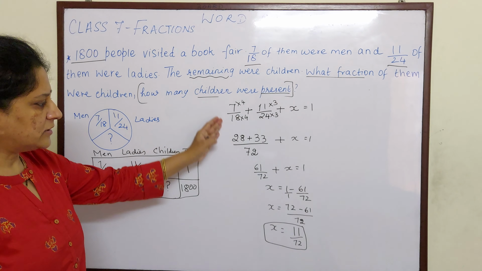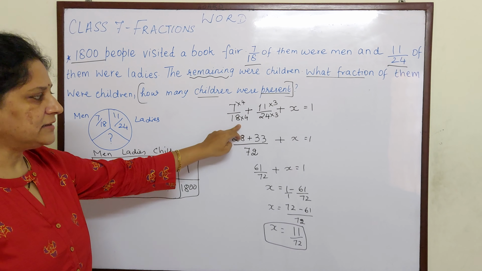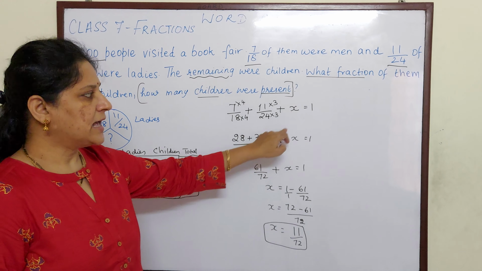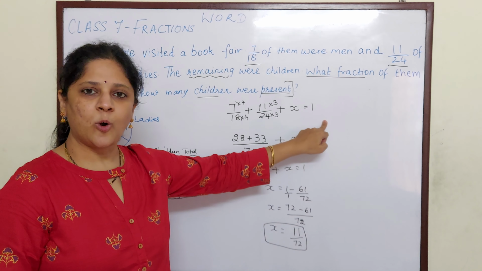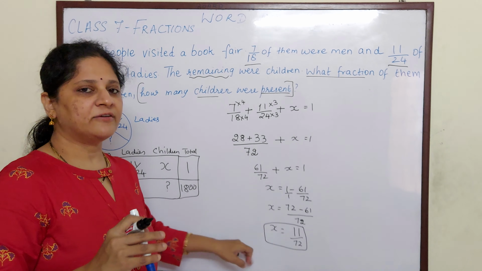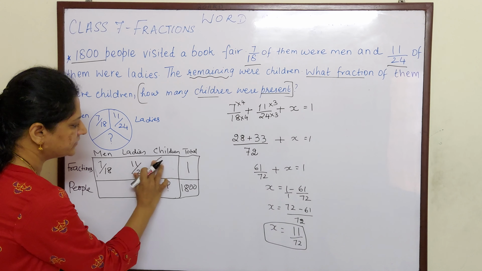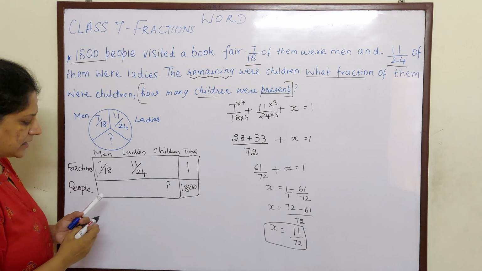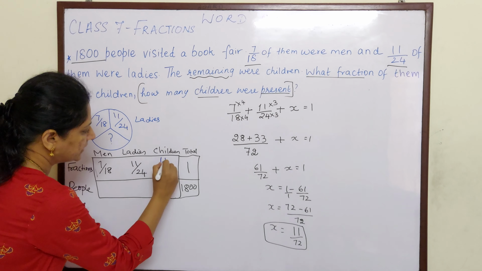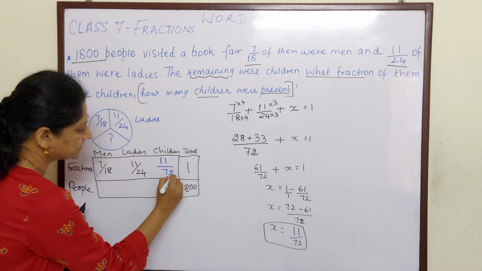Okay children. So in this way, adding the fractions of men and ladies and subtracting from the whole number 1, you will get the fraction of children. So I will remove this x and I have got the answer 11 by 72. So this is my answer.